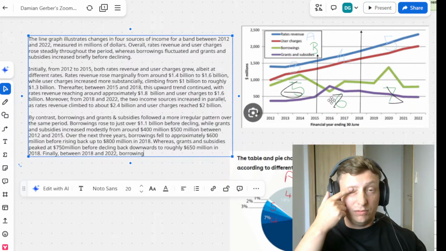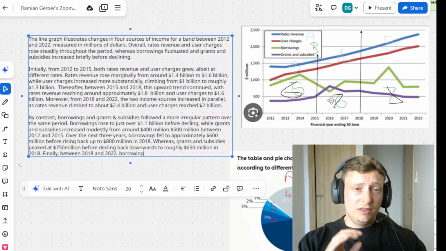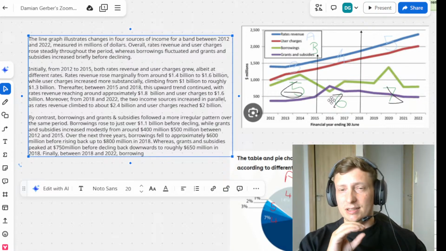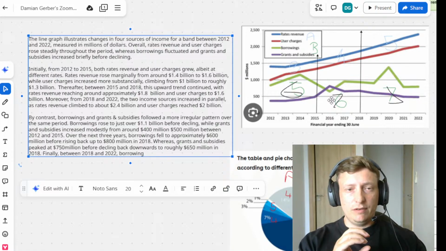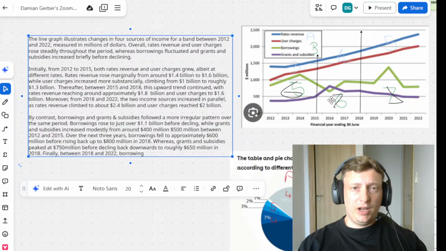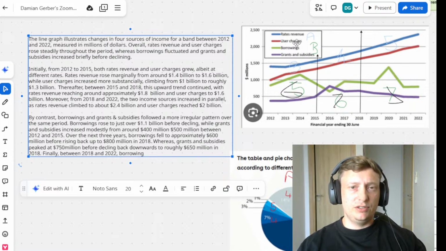borrowings. Oh, quick side note, you guys don't need to worry about paraphrasing data. So you definitely want to paraphrase the language that you're using to describe the data, 100%. But paraphrasing like borrowings, user charges, rates revenue, and grants and subsidies, absolutely not necessary.